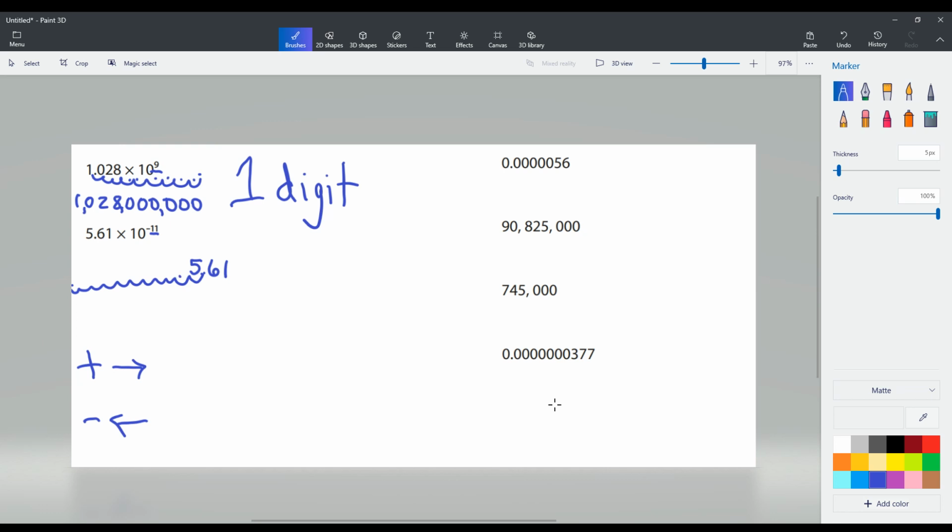Now I have 10 places I need to fill in with zeros. So that's 0.1, 2, 3, 4, 5, 6, 7, 8, 9, 10 zeros, and then 5, 6, 1.